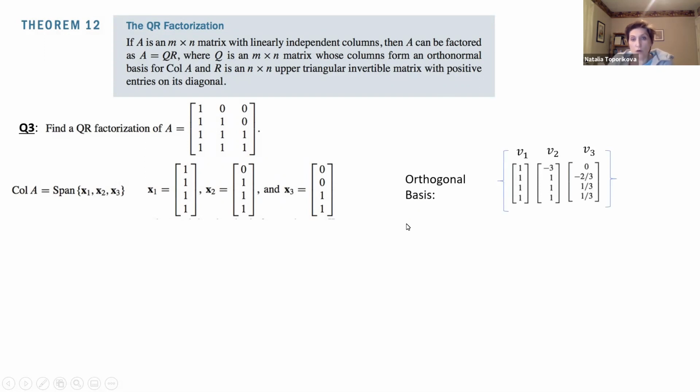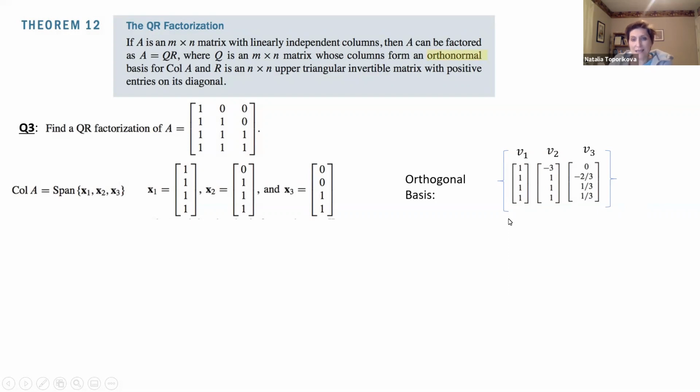We already know the orthogonal basis for the subspace spanned by the vectors x1, x2, x3. We did it in the previous part of the series, and we found that it consists of 3 vectors, v1, v2, v3, which look like that. If you are confused about it, please go to the previous part of this chapter.